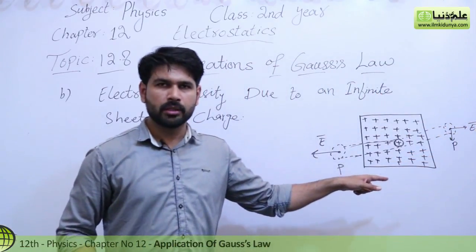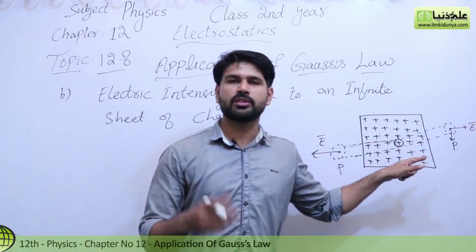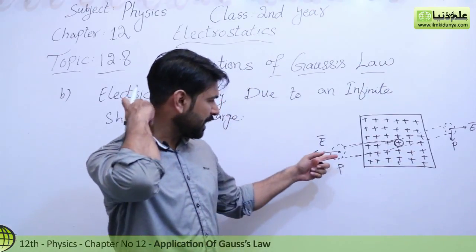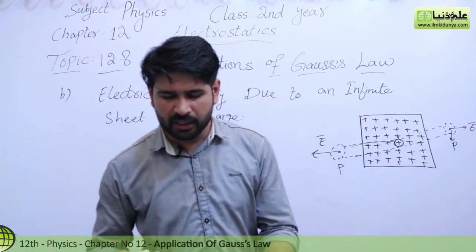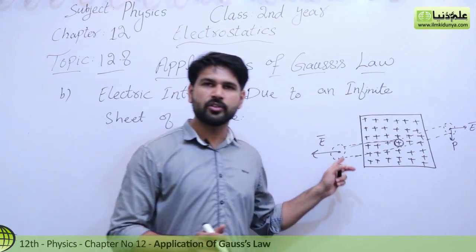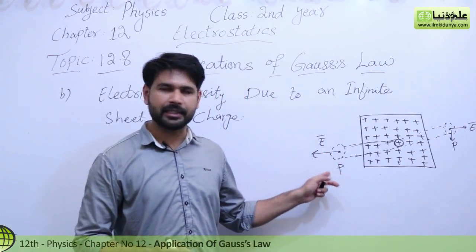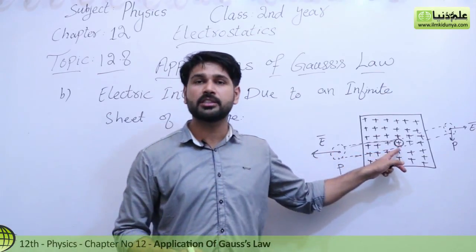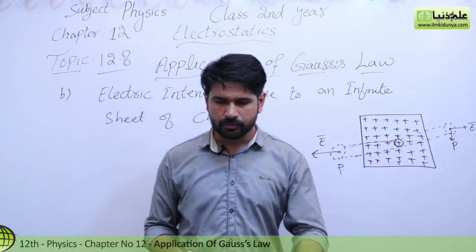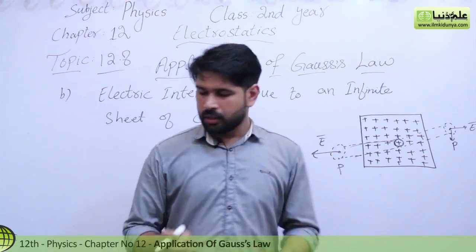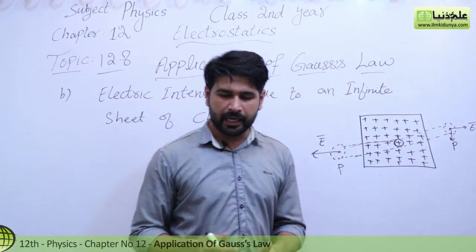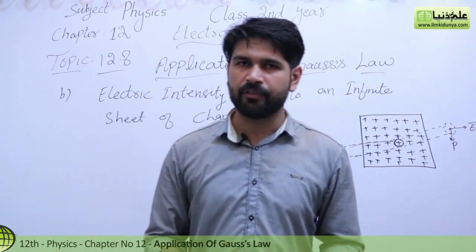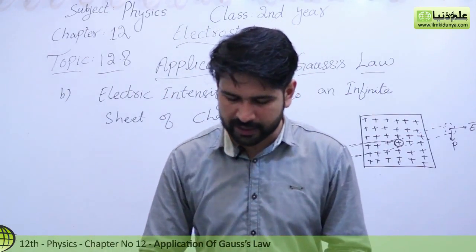Now we suppose a Gaussian surface, a closed cylindrical surface, to find the electric field intensity at point P. The sheet is infinite, and we have taken a limited, finite portion.